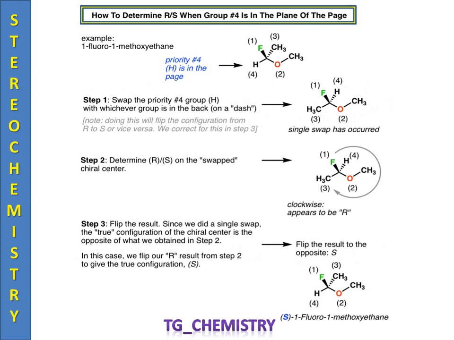So as we have obtained the clockwise appearance, to be assigned as R after step 2, in that case we need to flip our R result from step 2 to give the true configuration S. So for 1-fluoro-1-methoxyethane in the given molecular structure, it should finally be termed as S-1-fluoro-1-methoxyethane. I hope this is clear.